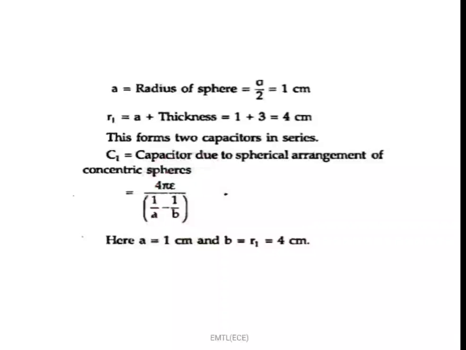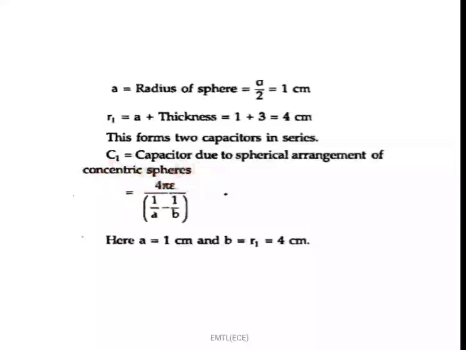So we have to use the formula for capacitance of the capacitor due to the arrangement of concentric spheres, that is C is equal to 4 pi epsilon times 1 by A minus 1 by B. Here A is the radius of the sphere, equal to 1 centimeter.